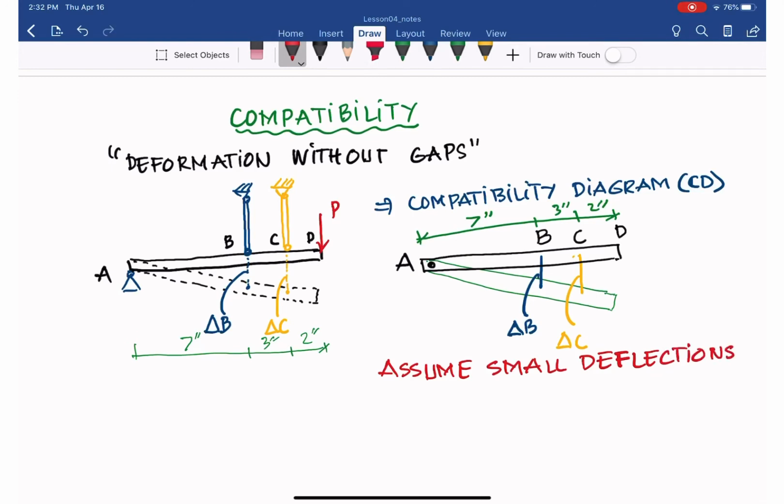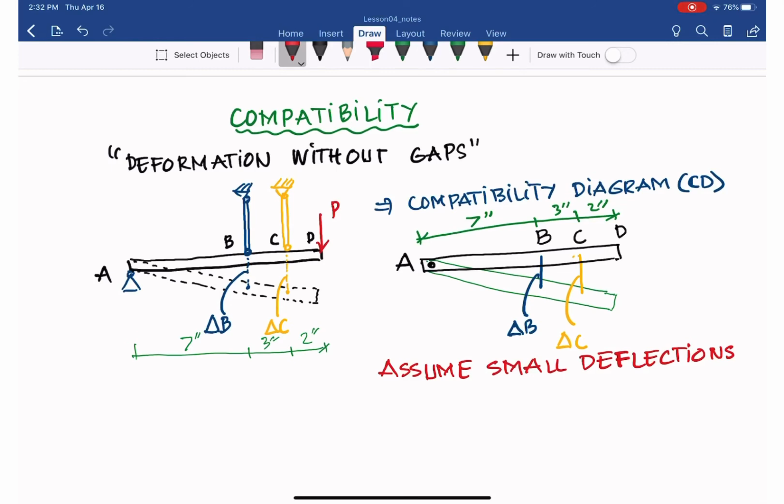With that, we make it geometrically correct, or geometrically possible. Then from that we can have delta B.